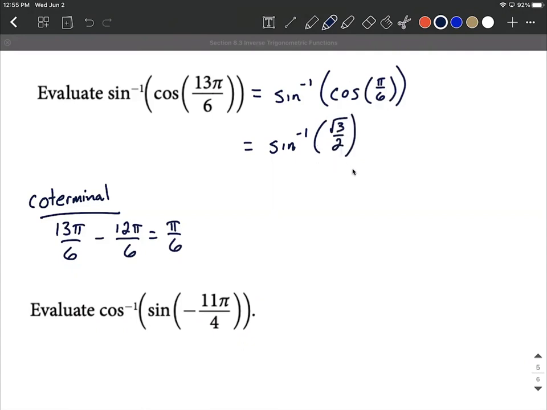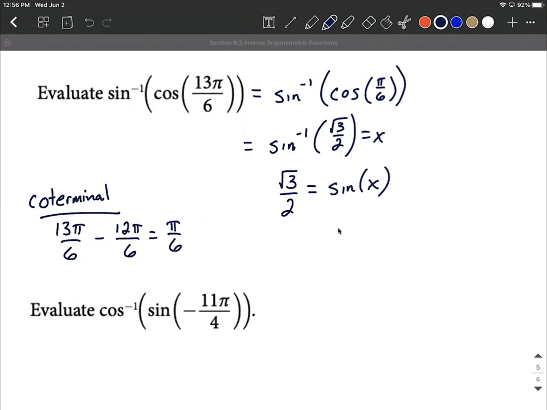I'm simply replacing what's on the inside here. At this point, we're just trying to evaluate sine inverse of the square root of 3 over 2. I'll set this equal to a dummy variable, x, and rewrite it in terms of sine: the square root of 3 over 2 is equal to sine of x. We're thinking what angle, when plugged into sine, produces this ratio.